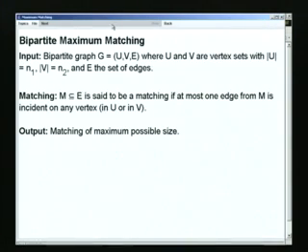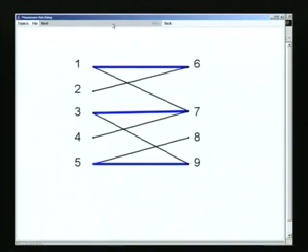Now let me tell you what the goal in this problem is, or what we are required to output. We are required to output a matching of maximum possible size. The size of the matching is defined as the number of edges in it. In this graph, for example, we have this blue matching which consists of 3 edges.